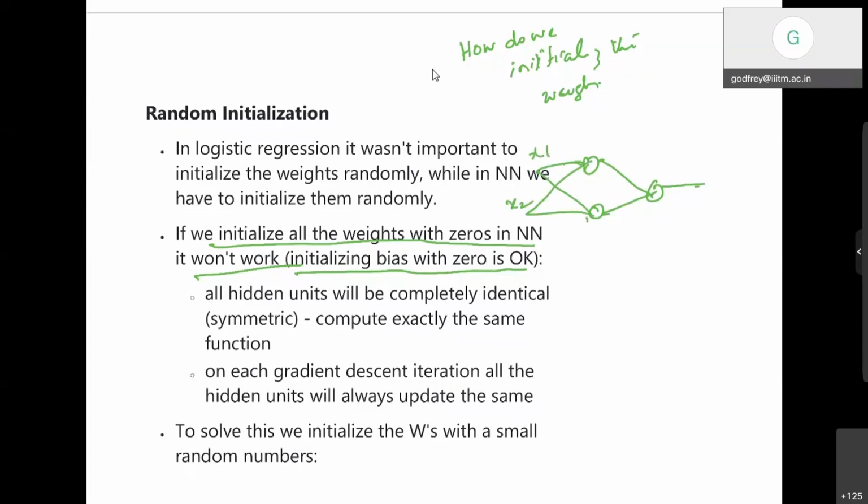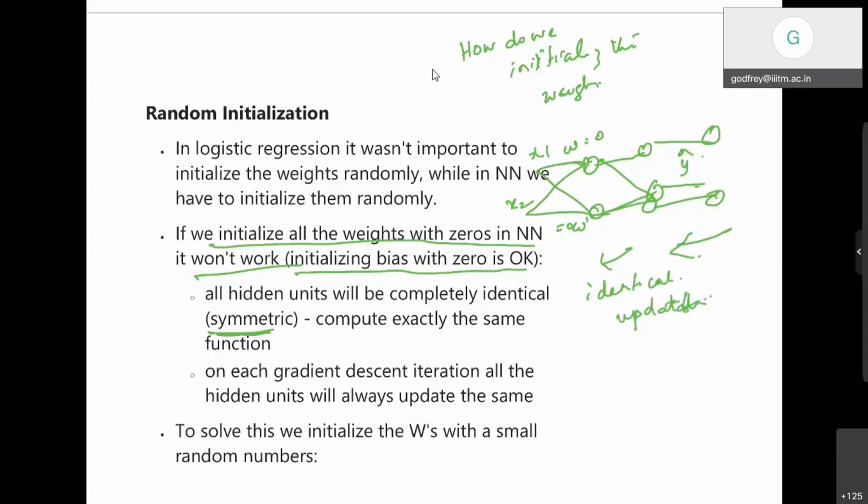In this particular neural network, if you initialize the weights with 0, that can create something called symmetry. Because you are initializing these weights with zeros, even if you have several layers, it may compute the same thing. And when you do back propagation, there could be very identical updations.